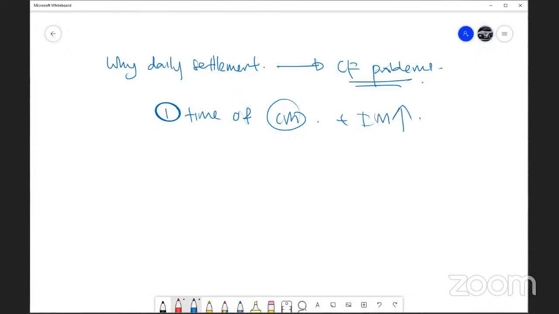Imagine you get into a futures contract to buy something at a certain price in the future. Before you reach the day it matures, every single day the price keeps going up.